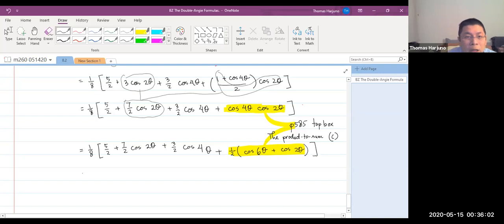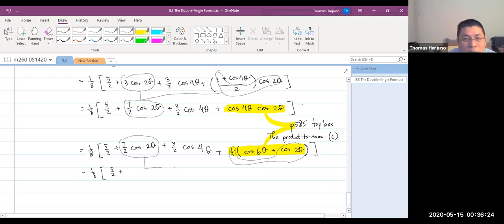But then if I continue, this is 1/8, 5/2 plus. Now then I get this again. I have 1/2 cosine 2 theta together with 7/2 cosine 2 theta.